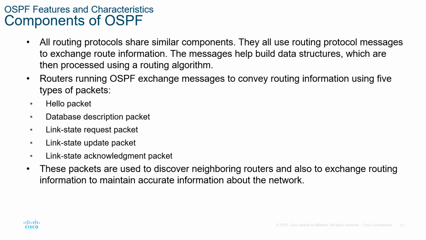So routers running OSPF will exchange messages to convey routing information using 5 specific packet types: a hello packet, a database description packet, a link state request packet, a link state update packet, and a link state acknowledgement packet.